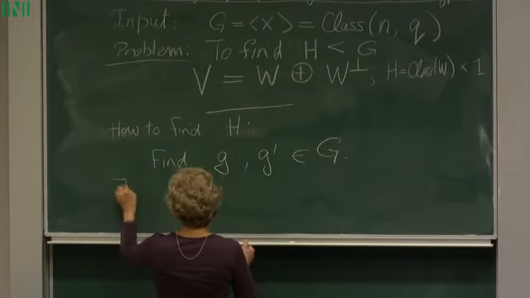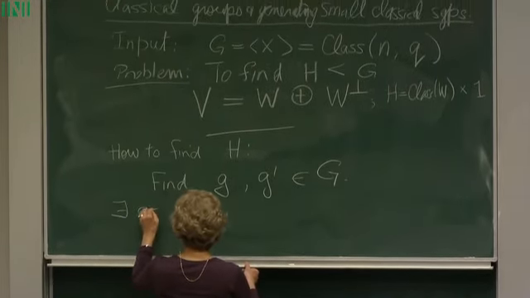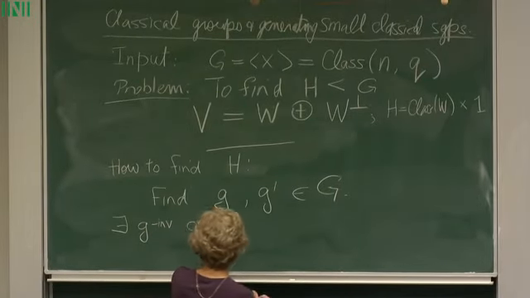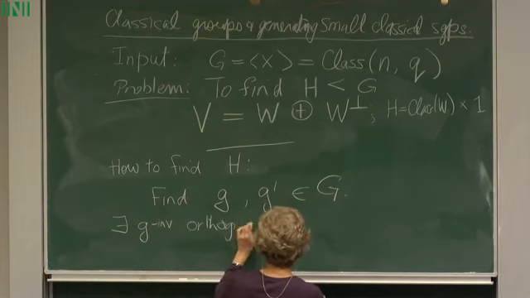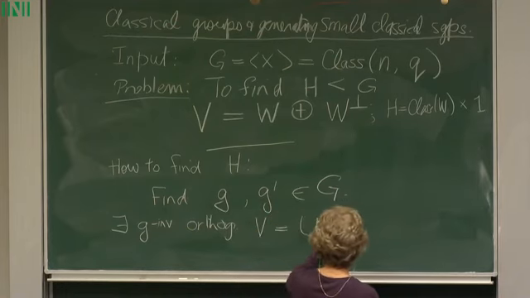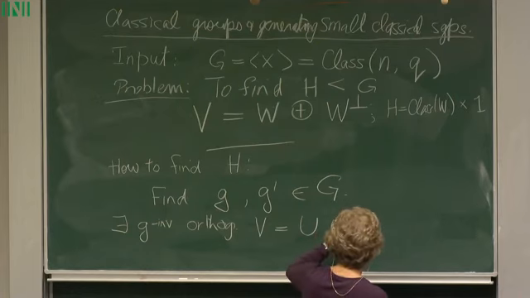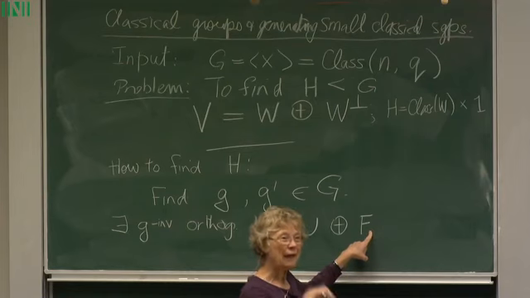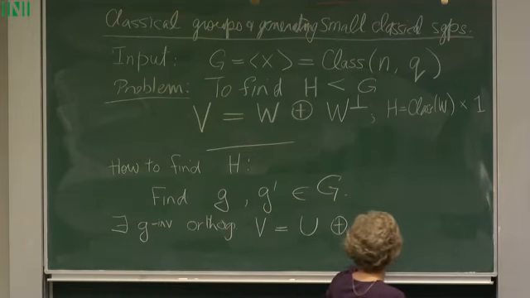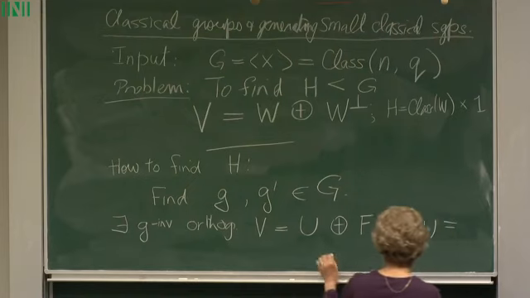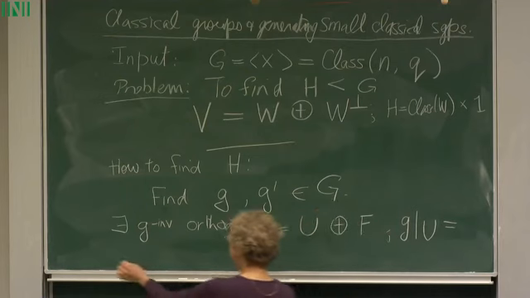Well, there's going to be a g-invariant orthogonal decomposition, V as U direct sum F. And this F is actually U perp, but I'm calling it F because I want g restricted to U to be an irreducible PPD element.